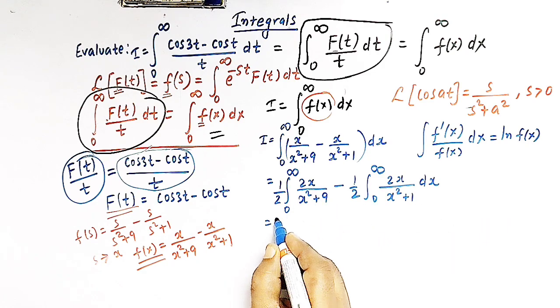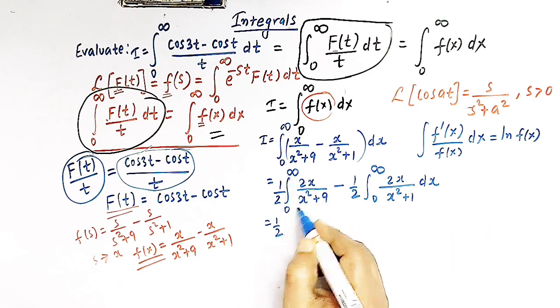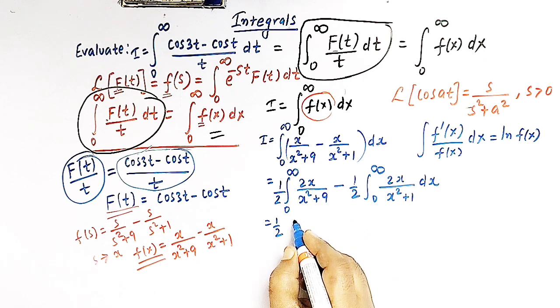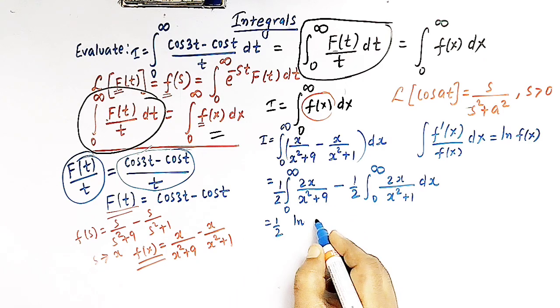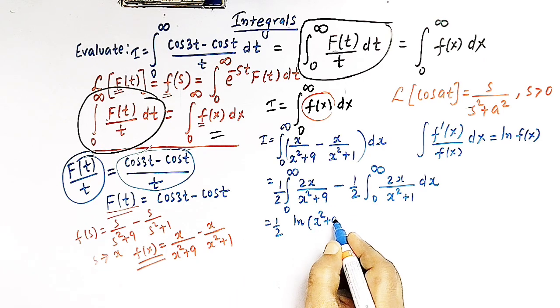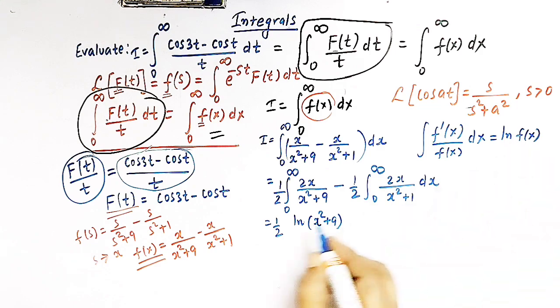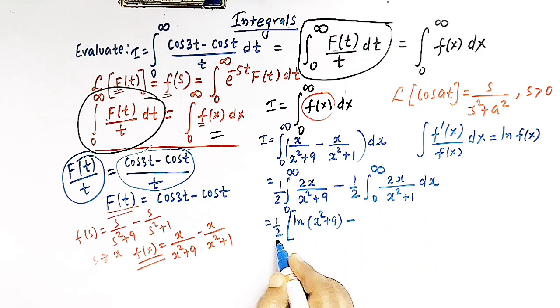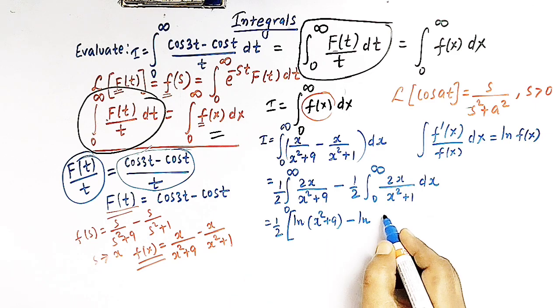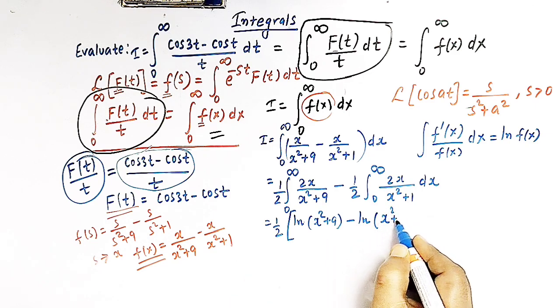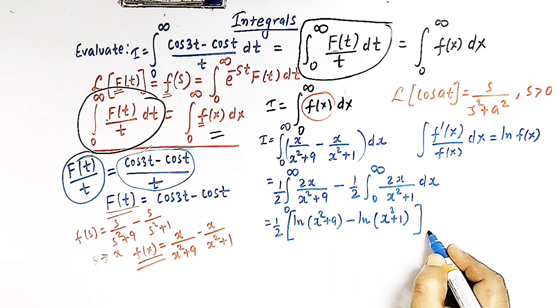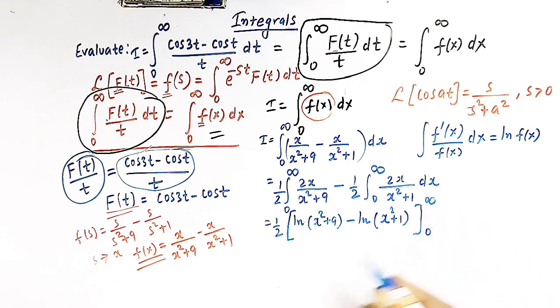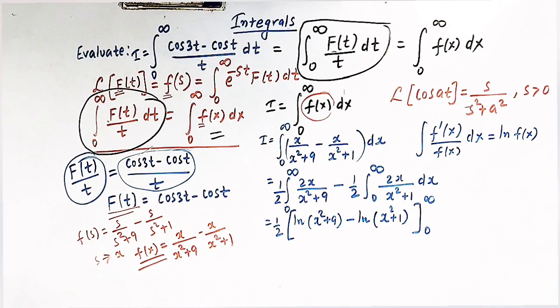So now we have half, and the value of this integral is now given by natural log of x square plus 9 due to this result. And then we can take half common, and here we have natural log of x square plus 1, and the limits of integration are from 0 to infinity.